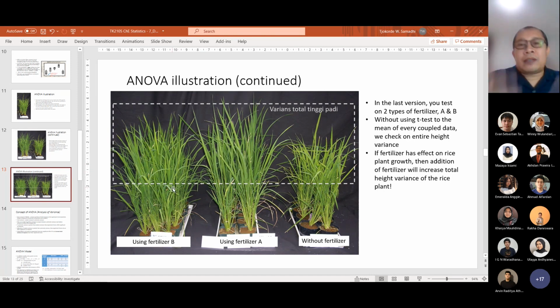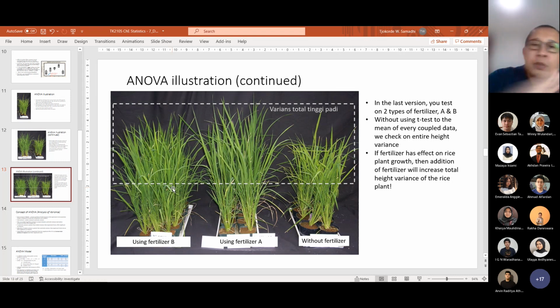You can imagine that if the fertilizer is indeed effective, then if we consider a whole field, several fields of rice paddies, some of these fields use fertilizer A, some use fertilizer B, and some do not use any fertilizer, then you can imagine there will be a larger variation of heights, as opposed to not using any fertilizer at all, or using just one type of fertilizer, right?